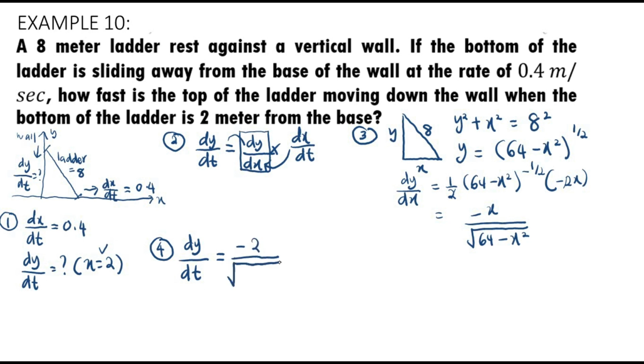So we will have negative 2 divided by the square root of 64 minus 2 squared times our dx over dt, in this case 0.4. And then if you calculate this using your calculator, our final answer here would be negative 0.103, and our unit would be meter per second.